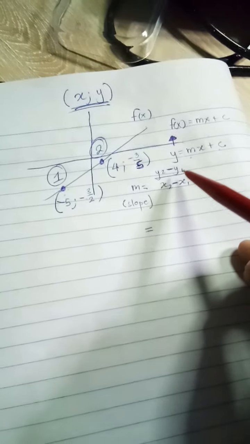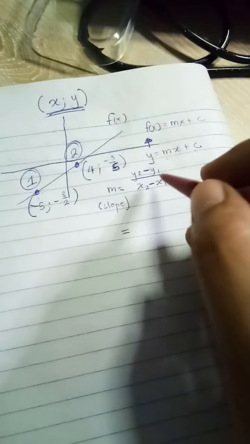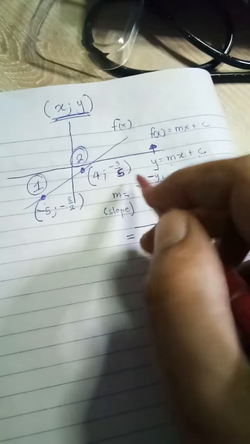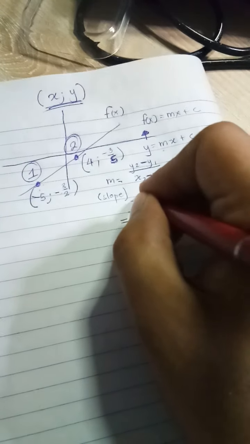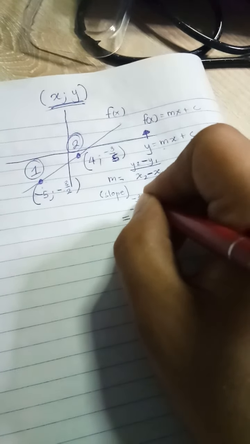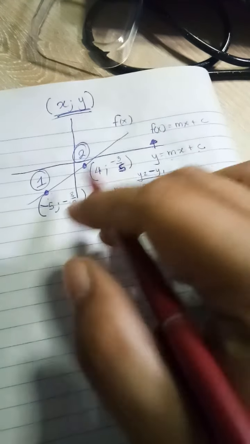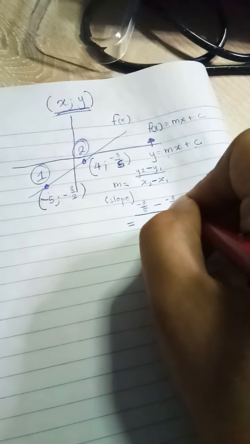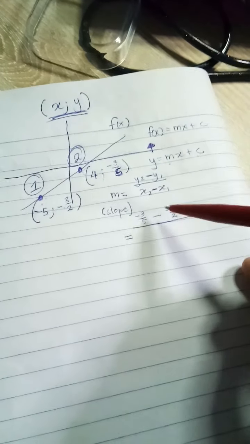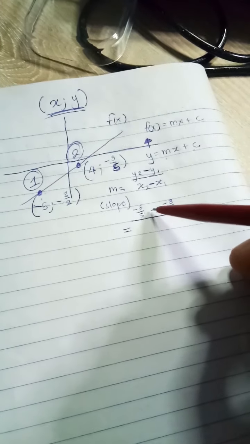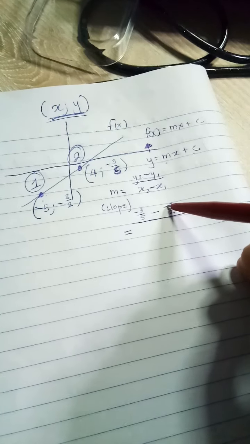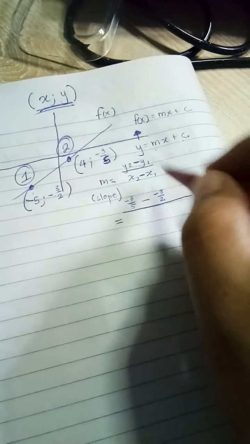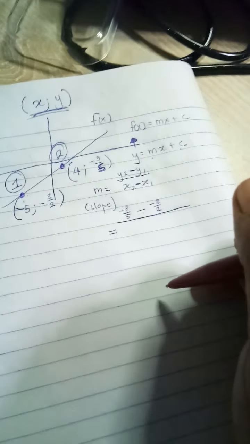Minus and a minus becomes a plus. So let's write it out. For the y coordinates, I'm going to take y2 minus: 3/5 minus, and then -3/2. You see what happens here? I have a minus and a minus, two minuses, so this is going to become a plus. Okay, in the next step we're going to change that to a plus.